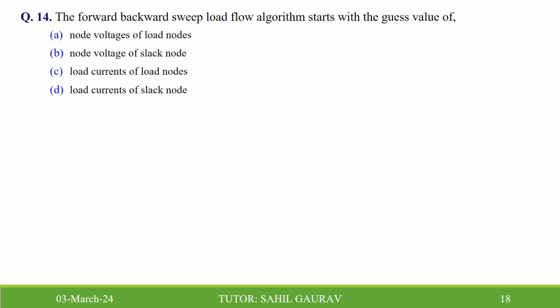So the voltage value is given, based on per unit quantities, in the problem. Slack node means the voltage and phase angle are known. Even in a transmission system, this is the same. These are known quantities, so we don't assume the voltage value at the slack node.